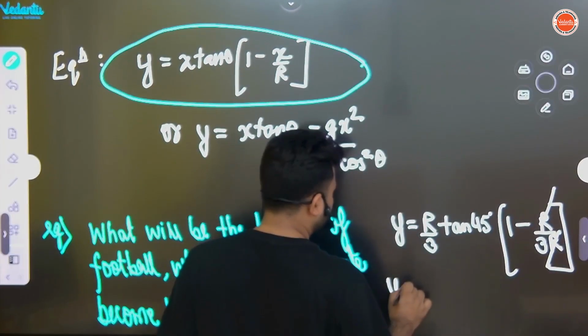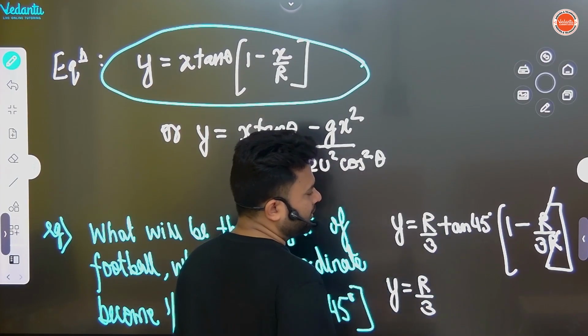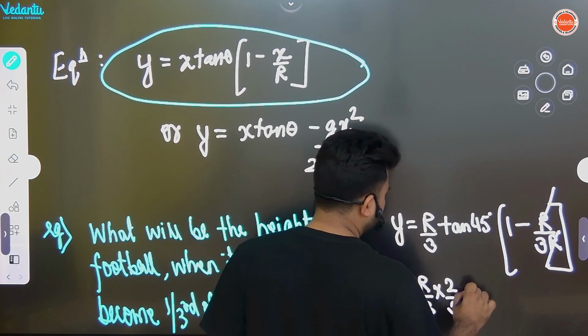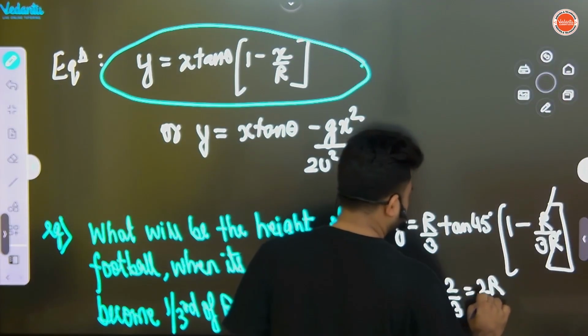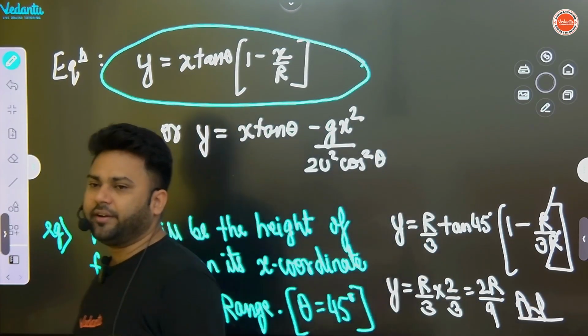So y equals R by 3 times tan 45 degrees which is 1, times 1 minus 1 by 3, that is 2 by 3. So this will be 2R by 9. This will be the y coordinate.